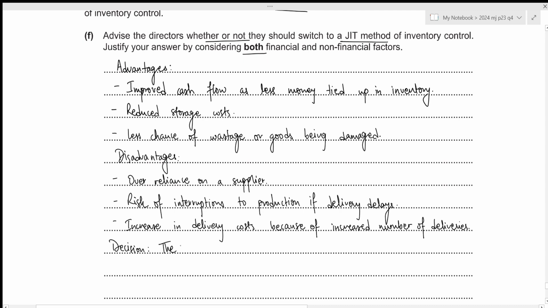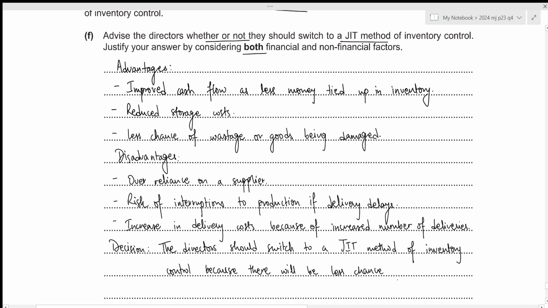The directors should switch to a JIT method of inventory control because there will be less chance of out-of-date items.